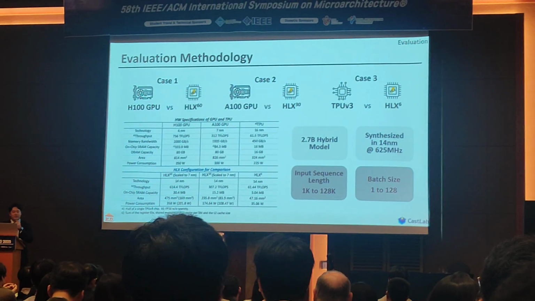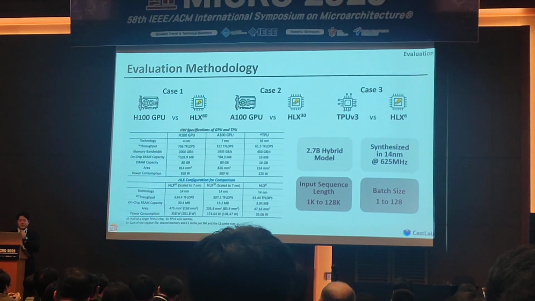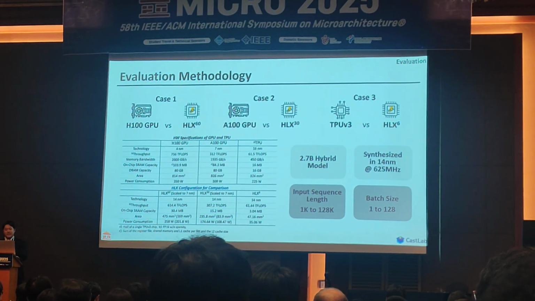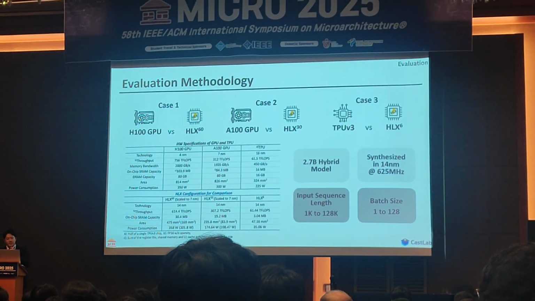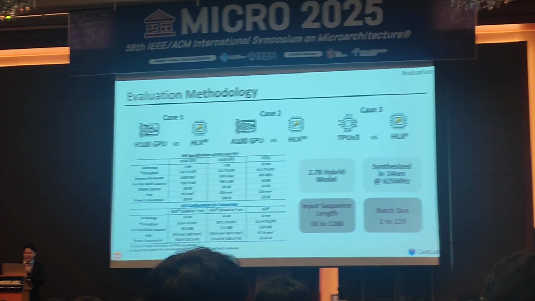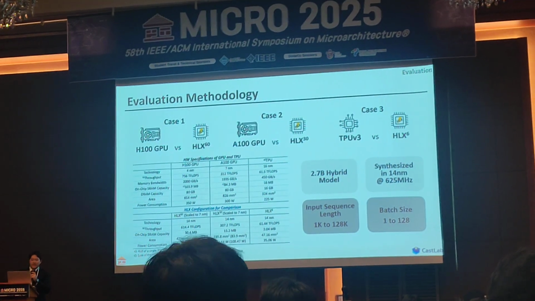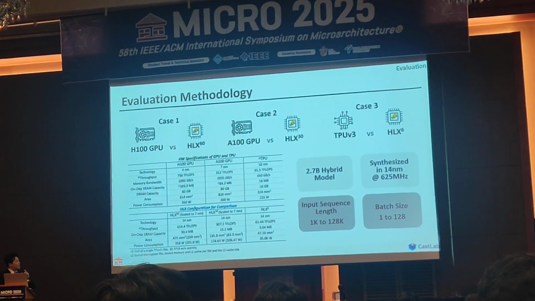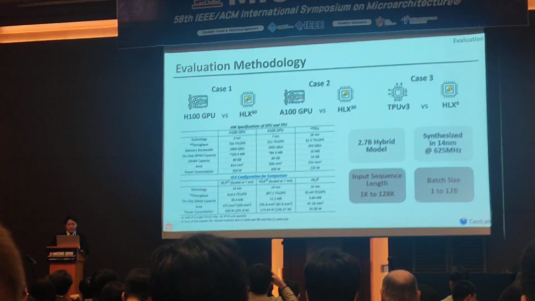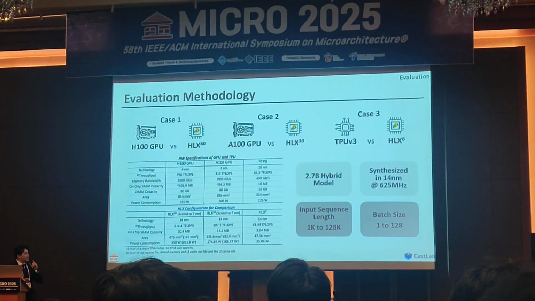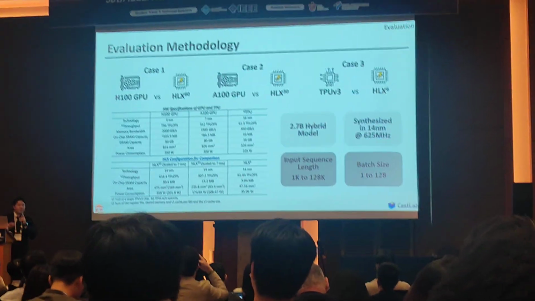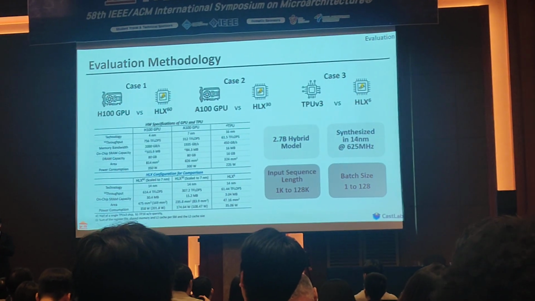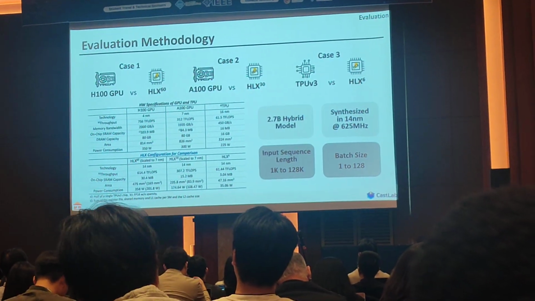For the TPU baseline, we developed a custom cycle level simulator that emulates TPU. To benchmark HRX, we developed a custom cycle level simulator and synthesized HRX in 14 nanometer process at 625 MHz. Finally, all results are evaluated across sequence lengths from 1K to 128K and batch size from 1 to 128.